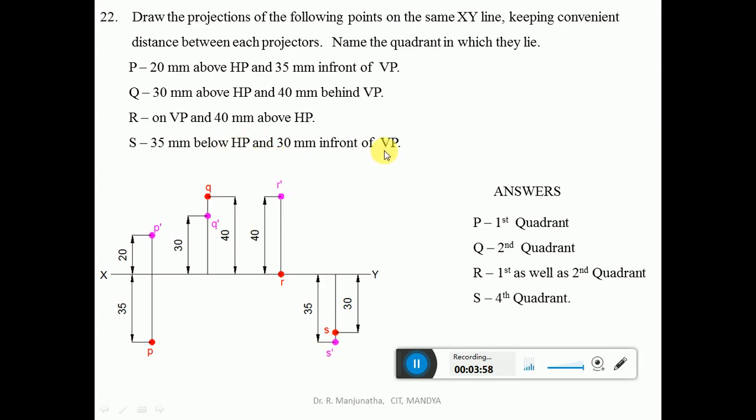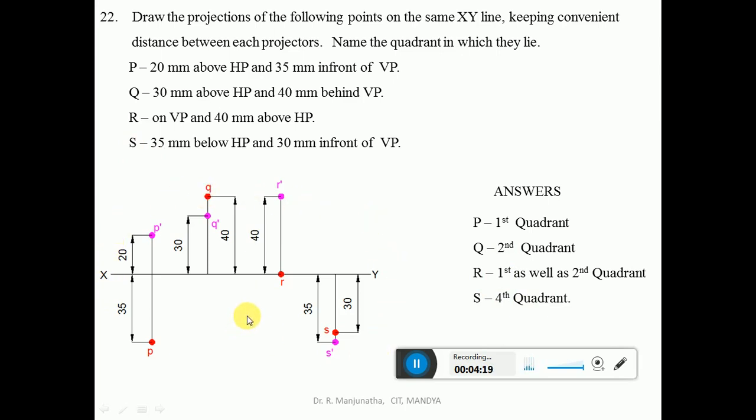The 30 mm in front of VP is seen in HP, so from the xy line you mark 30 mm below, mark this point as small s, and show the dimensions of 30 and 35. Therefore capital S lies in the fourth quadrant. This is how we can solve the problem in the sketchbook.